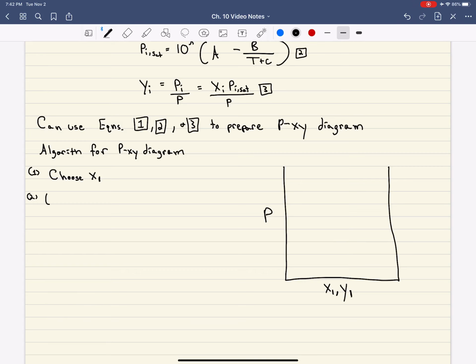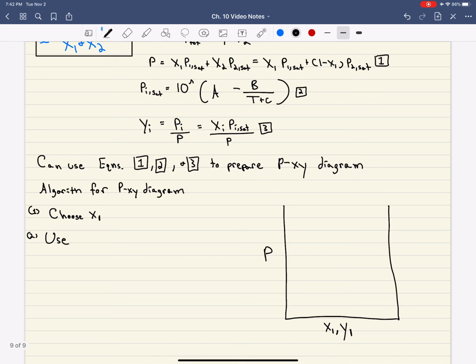And then what you would do is use equations 1 and 2 to calculate the total pressure in the system.